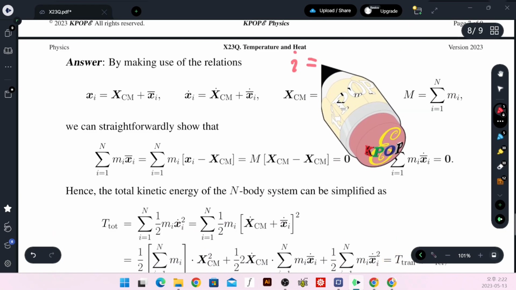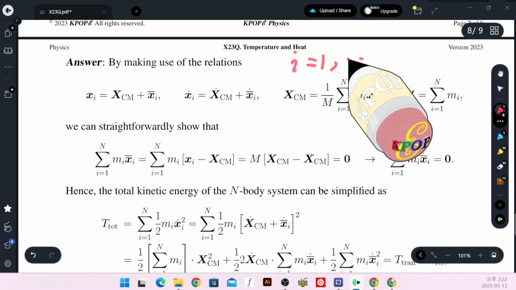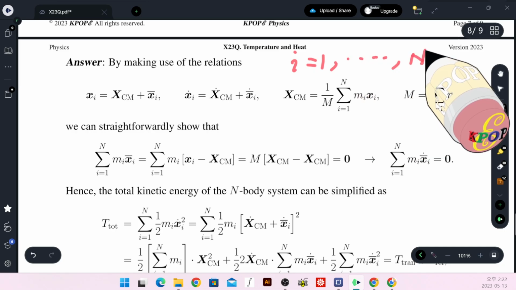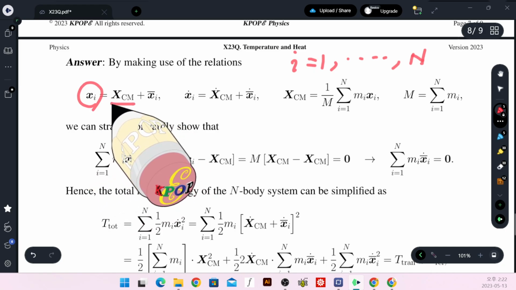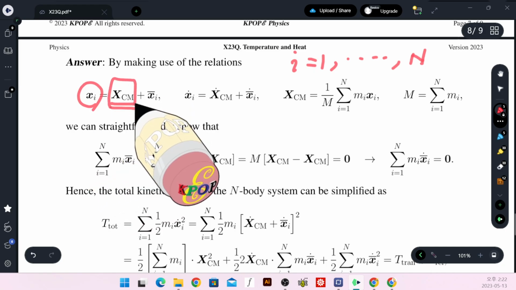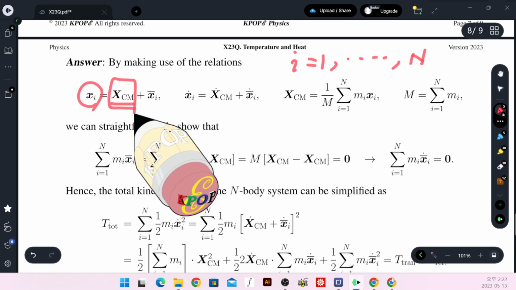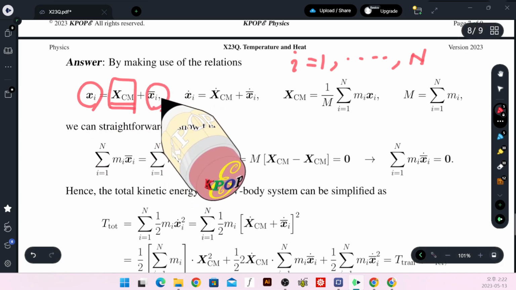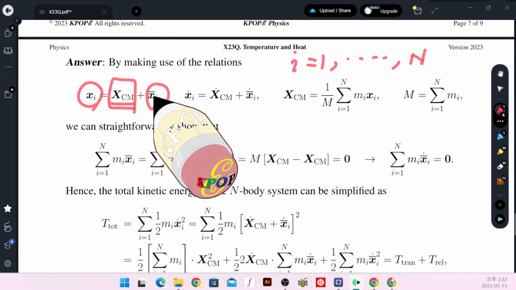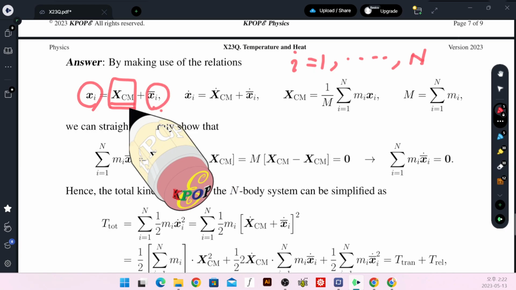We take i, the identifier for the particles, from 1 to n. Xi is the position vector, and we introduce the center of mass. Relative to the center of mass, we have x bar, that is the relative displacement of a particle from the center of mass.